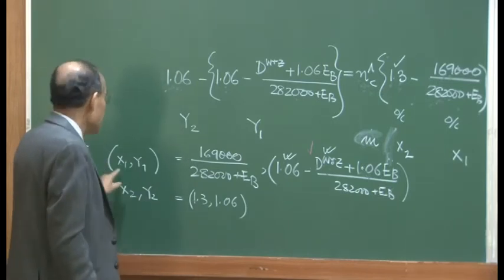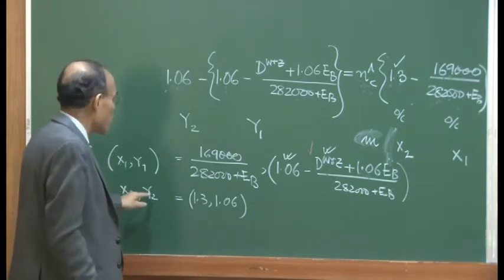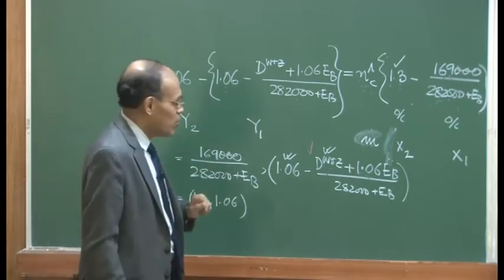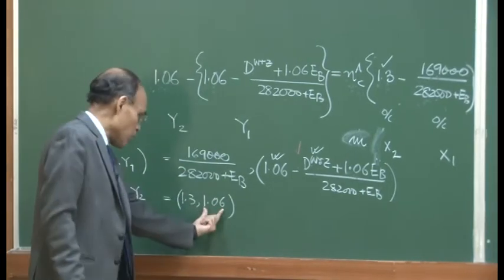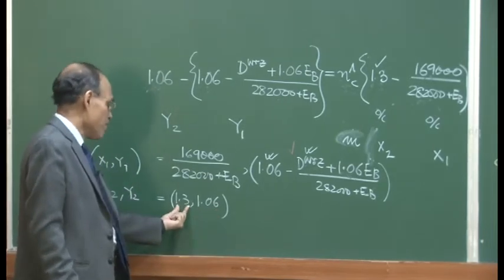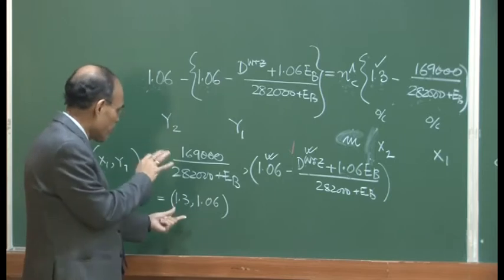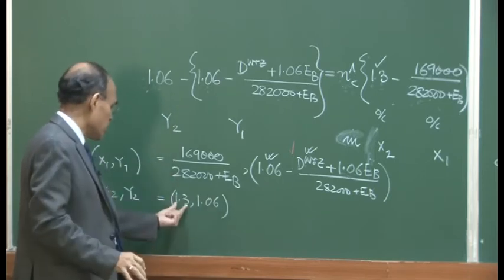Okay? Similarly, if we assume for the time being that x2, y2 is also known and it is 1.3 and whatever you have calculated, because 1.3 is a thermodynamically considered one. So, we can take it to be correct or not changing.